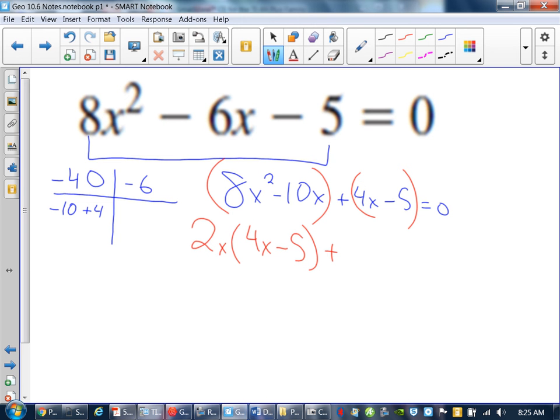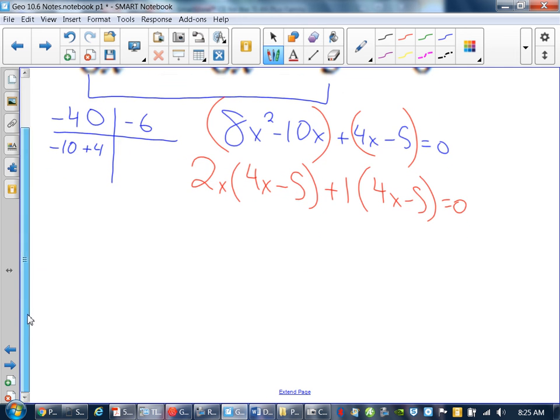So if I factor out a 1, do I change anything that's in the parentheses? No. Are the two terms in parentheses the same? Yes. Write it down. What's left?